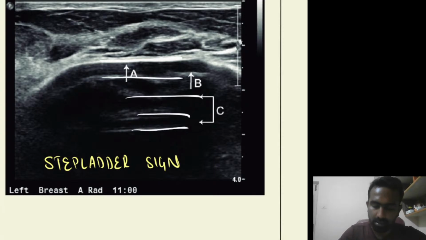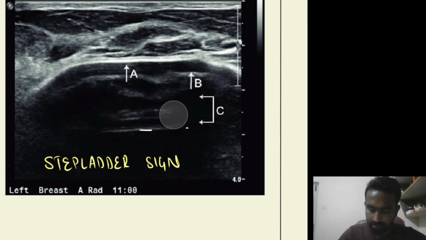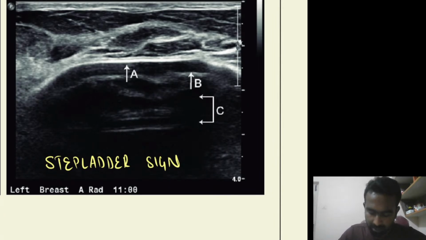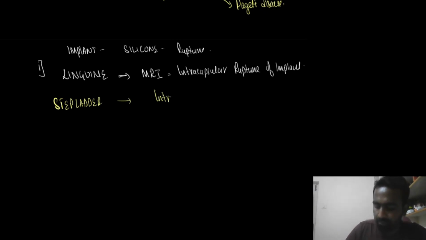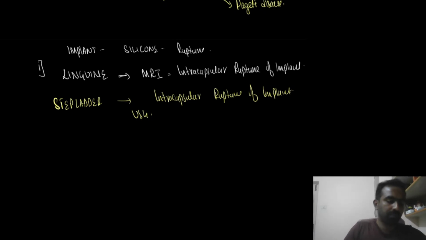So this is called the step ladder sign in ultrasonography. It is intracapsular rupture of silicone implant on USG. It is called the step ladder sign.